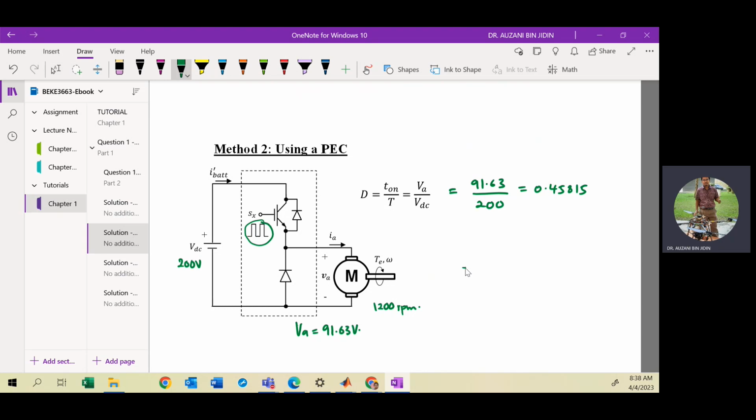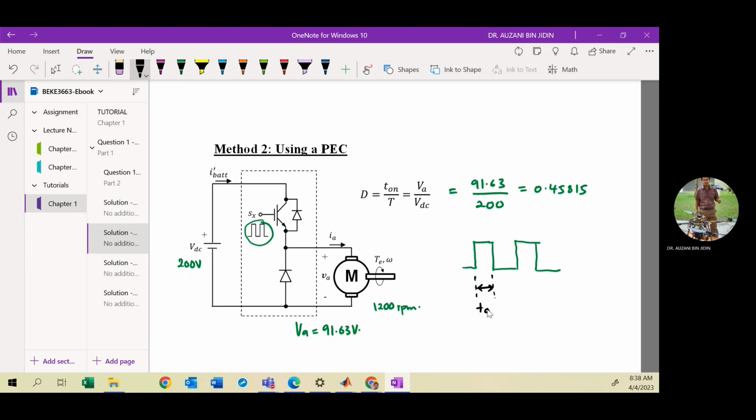Okay, so it means you need to design your PWM. Here is your T on. Then here will be your switching period.